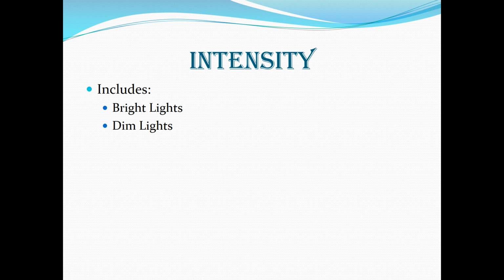Because people have been known to travel to where those lights are to see what's going on. Those lights stand out from everything else, and people want to know what that's about. Dim lights work in the exact same way. We notice things that are below the norm because they contrast the norm and they are an exception to the norm. So these are both ways to get you to pay attention.